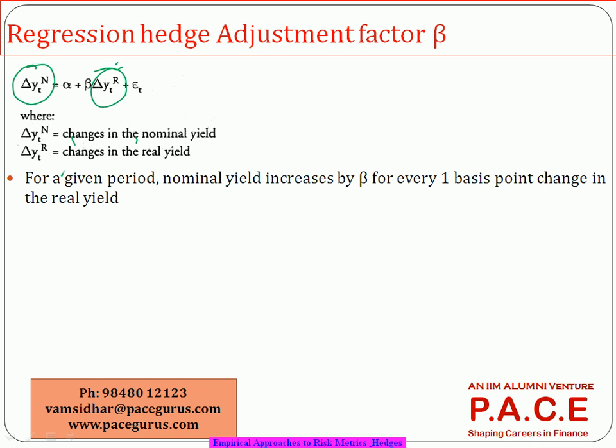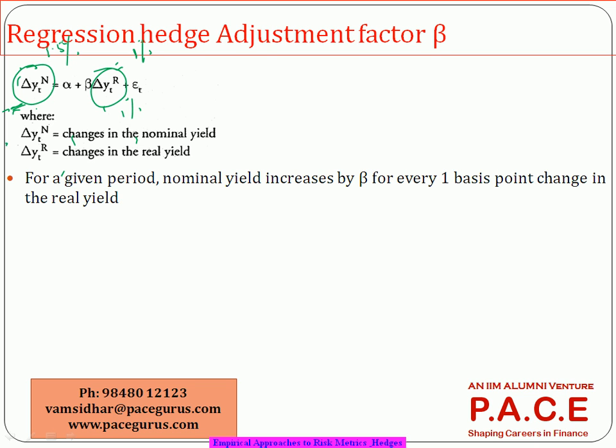So what it is saying is probably for every 1% change in the real, or for every 1 unit change in the real interest rate, what is the change in the nominal interest rate that you are expecting? So if the real interest rate probably changes by 1%, this model may say that the nominal interest rate may change by 1.5% and so on.